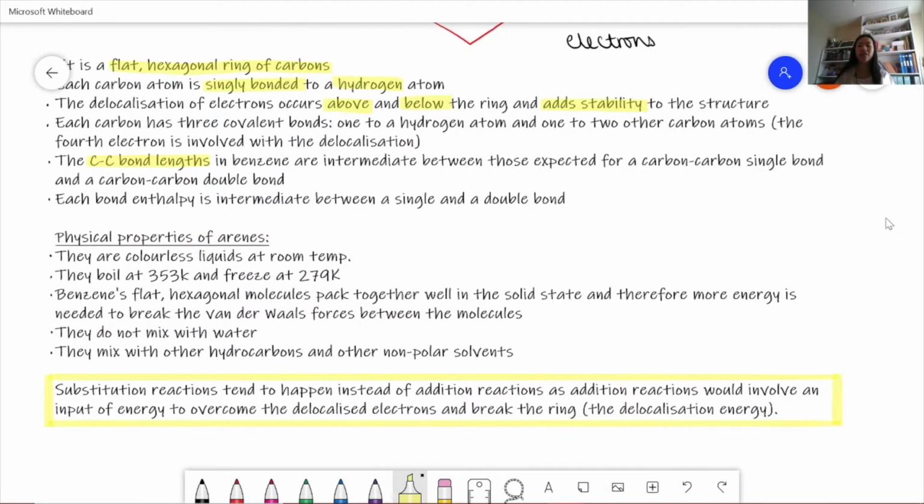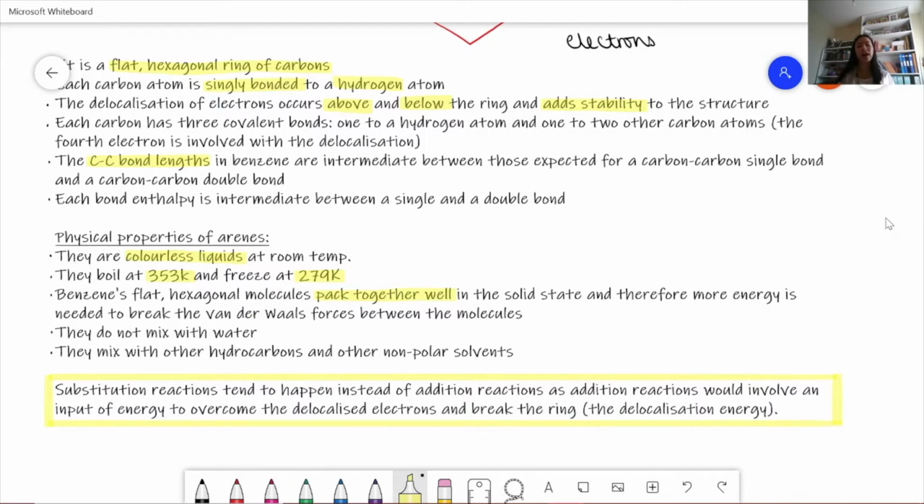Now looking at the physical properties of arenes. They are colorless liquids at room temperature. They boil at 353 Kelvin and freeze at 279 Kelvin, so they've got quite high boiling and melting points. Benzene's flat hexagonal molecules pack together well in the solid state, and therefore more energy is needed to break the van der Waals forces between the molecules.